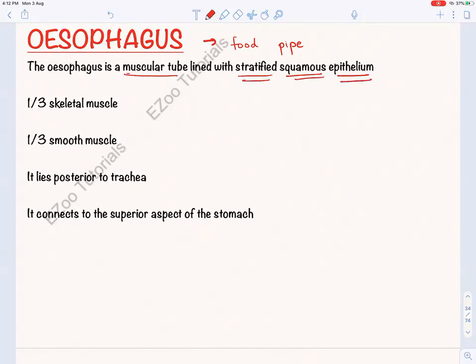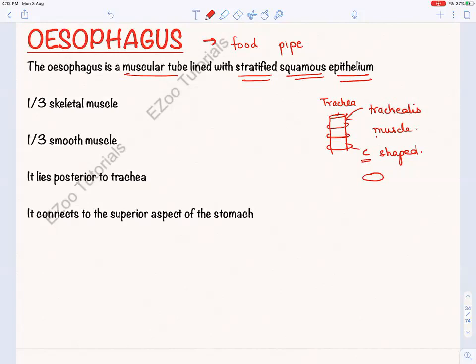When we were doing the trachea, I told you that the trachea has C-shaped rings, and at the back it has the trachealis muscle. If this is the trachea, when we were doing respiration, this is the trachealis muscle, and these are the C-shaped rings. And why was it C-shaped and not a whole ring-like structure?